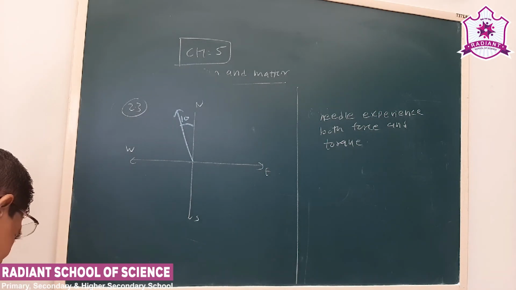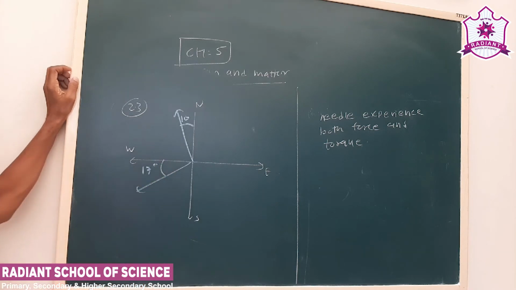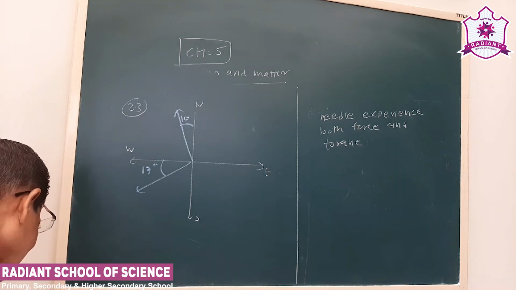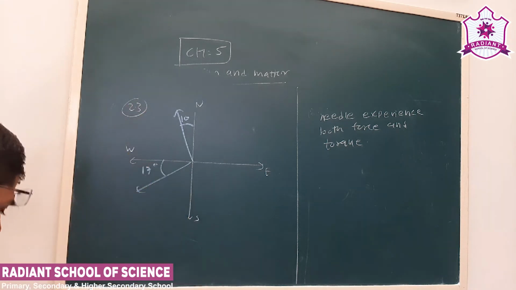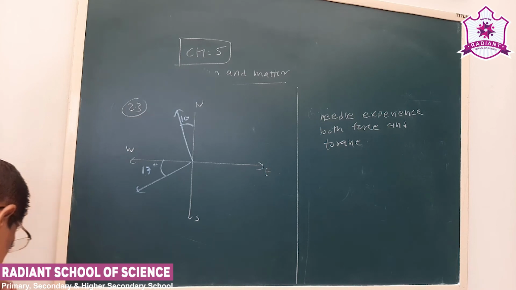See, the steamer needs to move 70 degrees south towards the west. Okay. Now, in what direction do we have to move? Now see, this is our magnetic north south. So, in what direction?